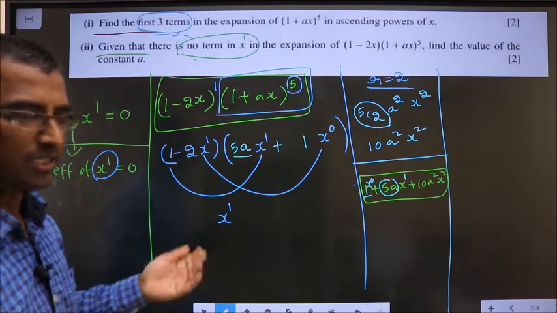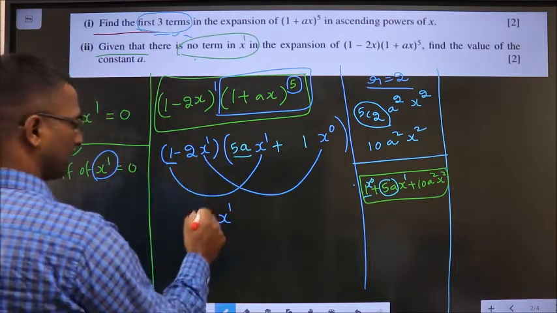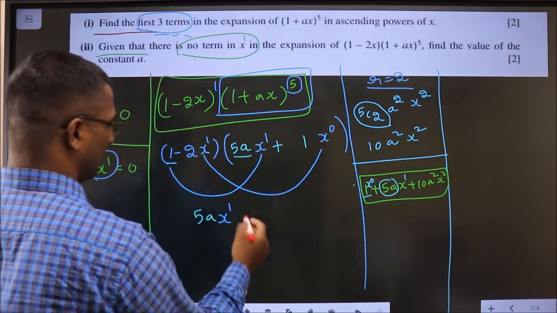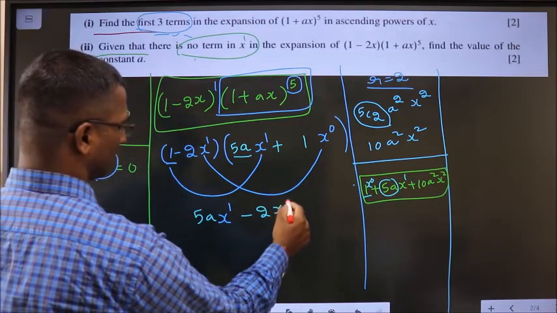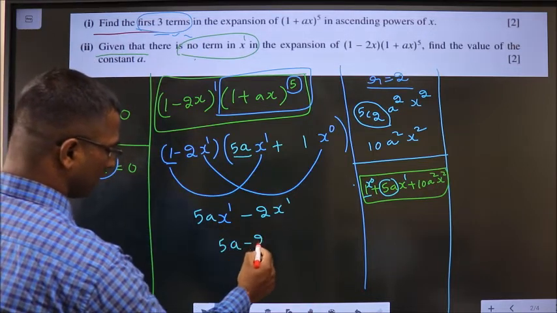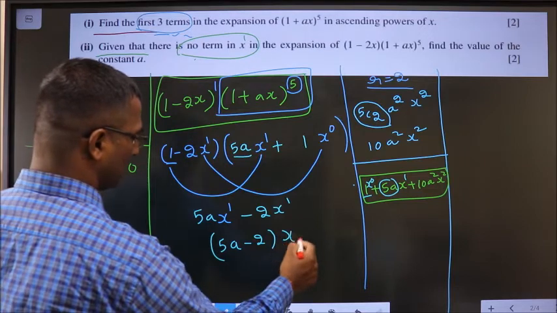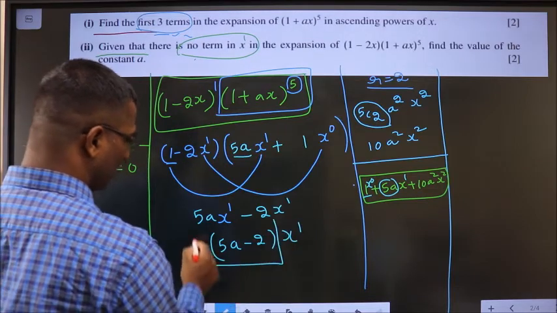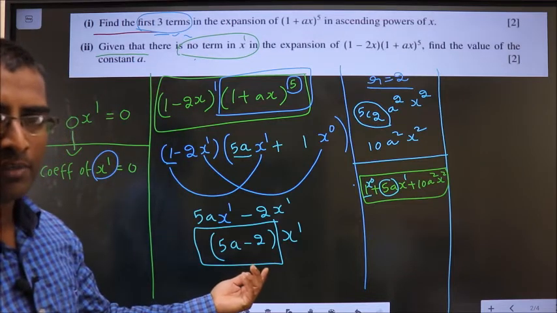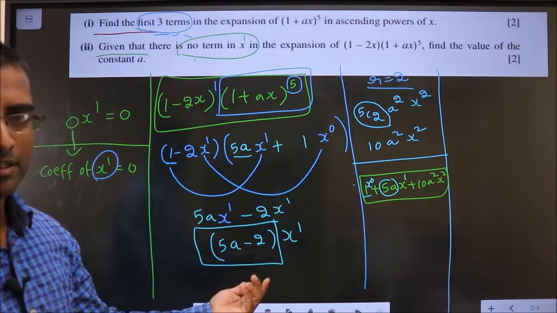Clear so far? Next, 1 times 5a is 5a. Minus 2 times 1 is minus 2, x power 1. Now, take x power 1 common. So (5a - 2)x. So the coefficient of x power 1 is this. This should be 0 for me to ensure that the x power 1 term does not exist.